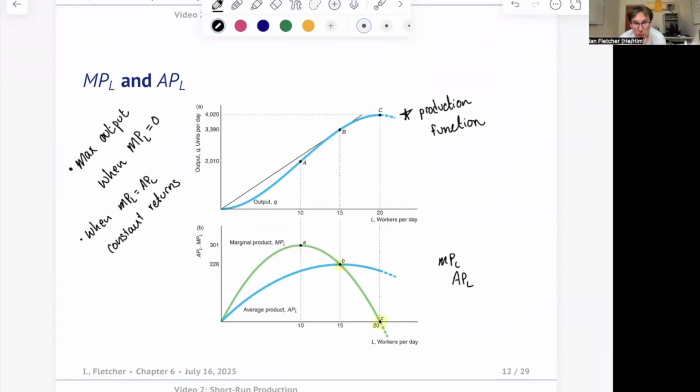And so what's the relationship between MPL and APL? I think it's pretty obvious. They help us dictate a lot of what happens in the production function, almost everything.